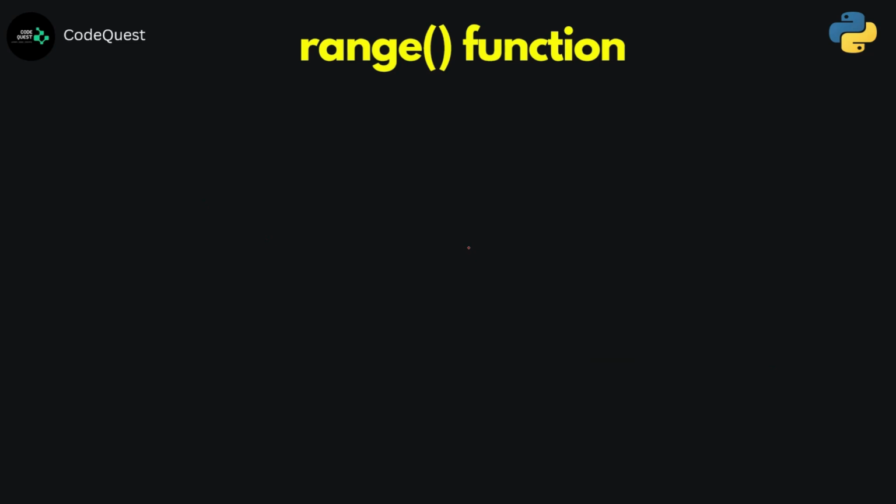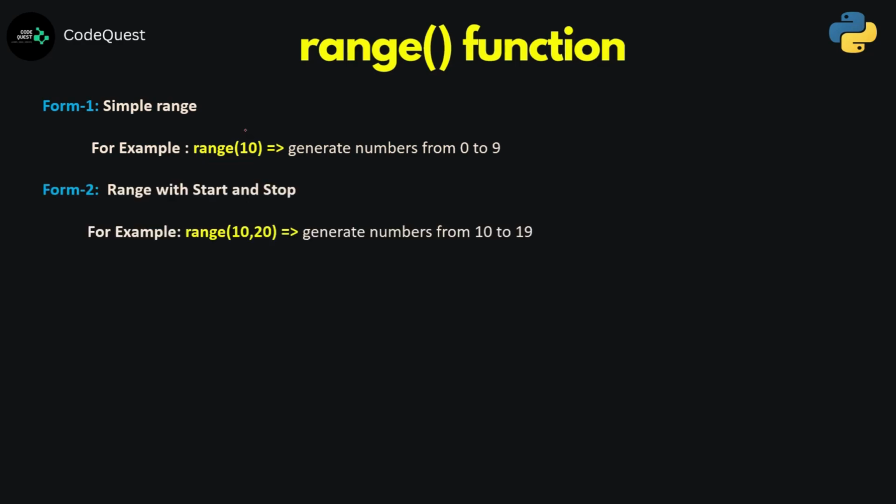Now let's see the various formats in which the range function can be used. The first one is called a simple range. With simple range, you can see I am passing only one value here, that is 10 for the time being. So when I am writing range of 10, because I have not given the start value, the start value is 0. And this 10 is going to act as the end value or the stop value.